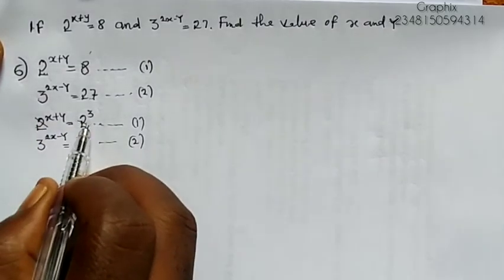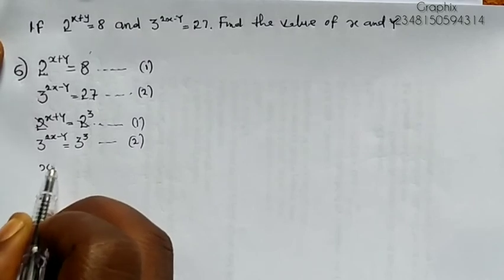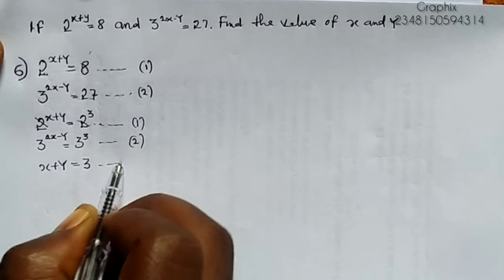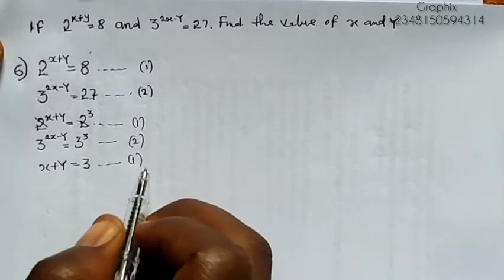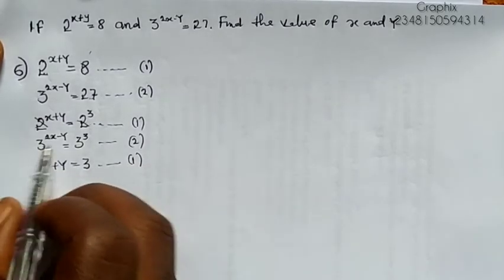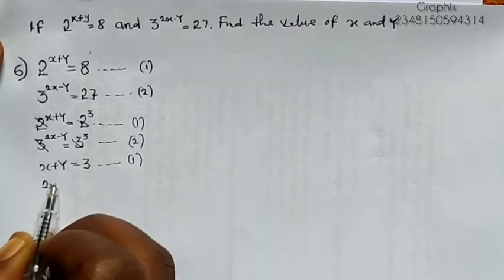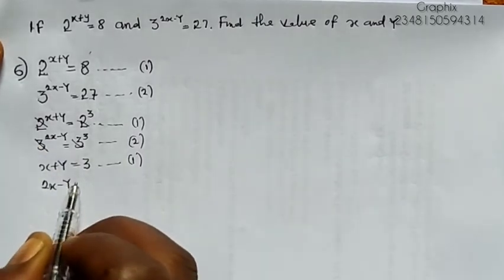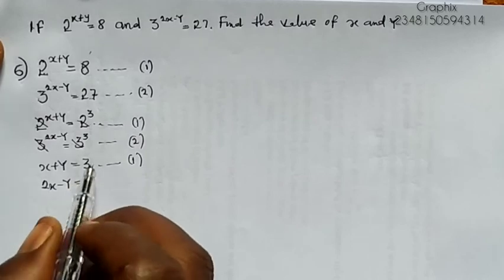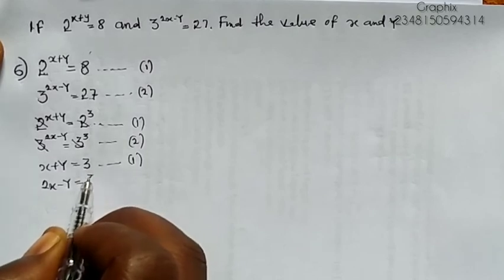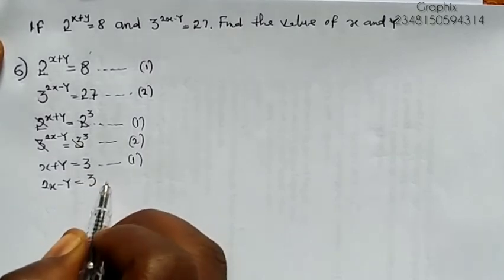So 2 will equate 2, and I'll be left with x plus y equals 3. It is still my equation 1. Now 3 equates 3 also in equation 2, so I'll have 2x minus y is equal to 3 also.